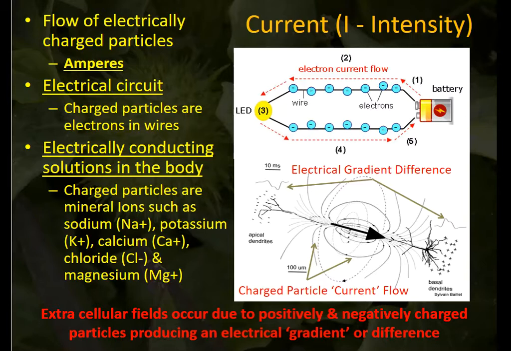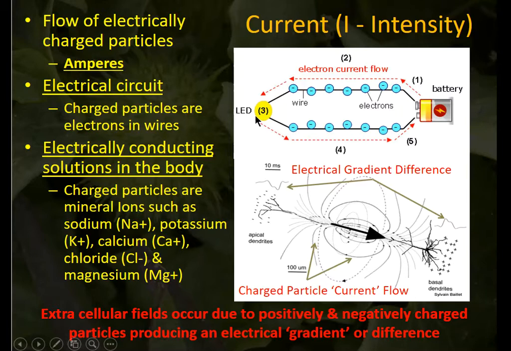And if we have more current flowing, we're going to have more particles, or water molecules in this example, flowing past a given point at a given period of time. So the greater the charge differential, which is the volts, the more current can flow through that circuit. And so we're passing through a closed circuit or a series of closed circuits.